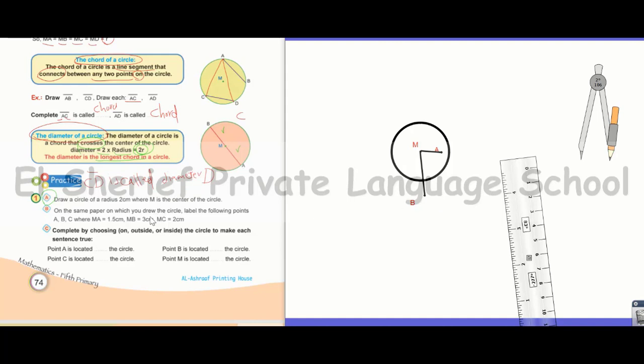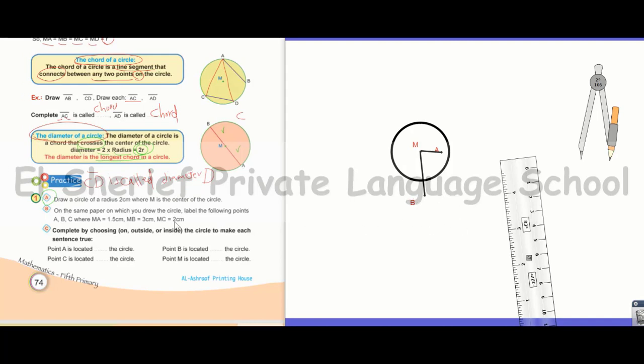MB is more than the radius. That means point B is outside the circle. So if I have a line segment less than the radius, this point is inside the circle, like line segment MA. So point A is inside the circle. If I have MB 3 centimeter, more than the radius, that means outside the circle.